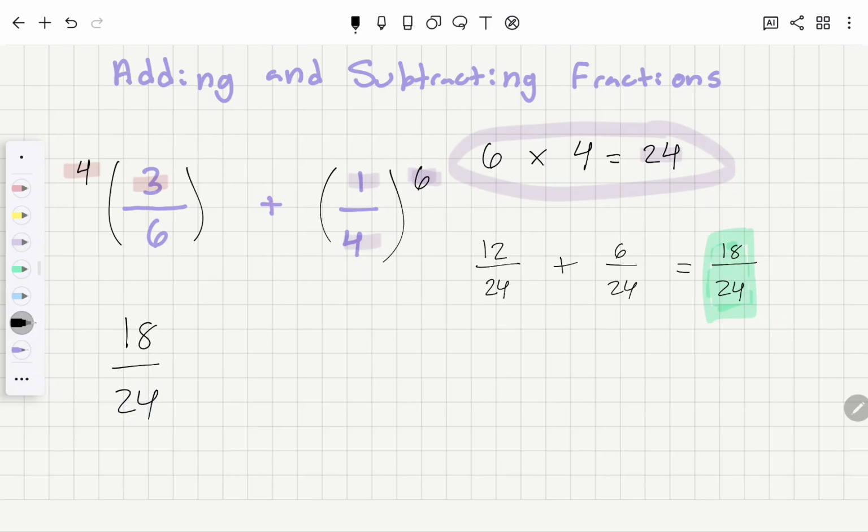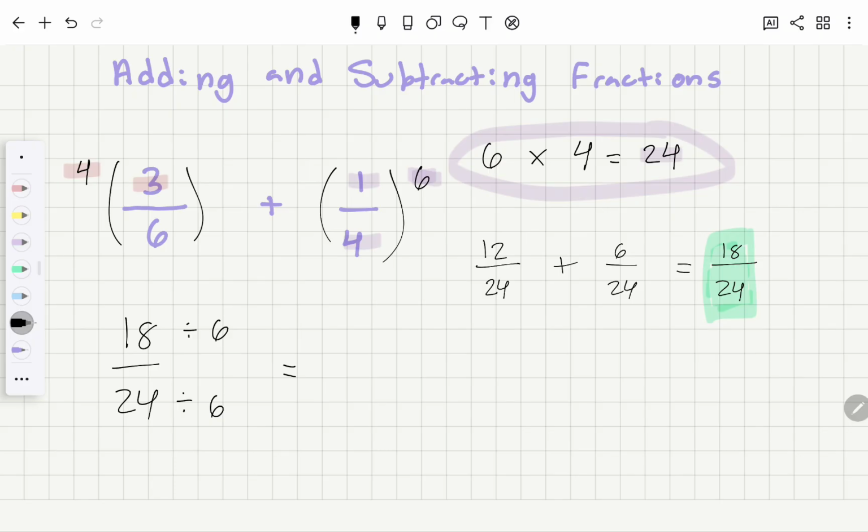Okay, so how we simplify is we have to find a number that we can divide both our numerator and our denominator by. And what I notice is that we can divide them both by 6. If you're skip counting by 6s, you get 18 and 24: 6, 12, 18, 24, 30. So I'm going to divide both of them by 6. Now what is 18 divided by 6?